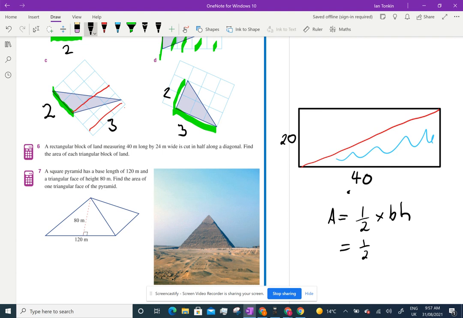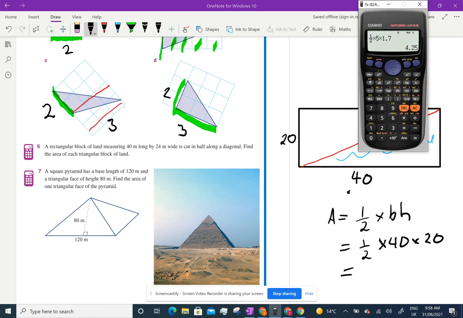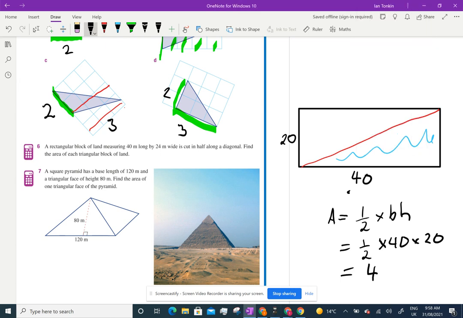Well, the base is 40 and the height is 20, which will be 400, but I'll use my calculator. And I get 400. And it's in metres, so 400 metre squares.